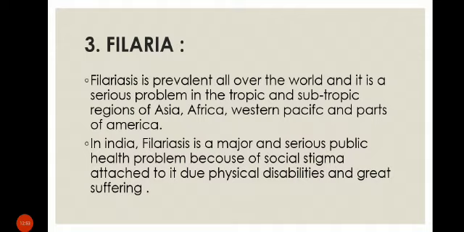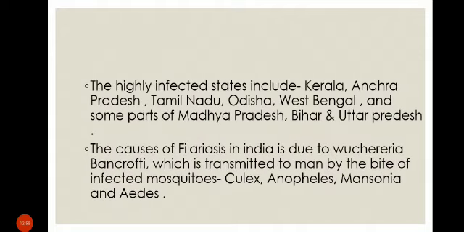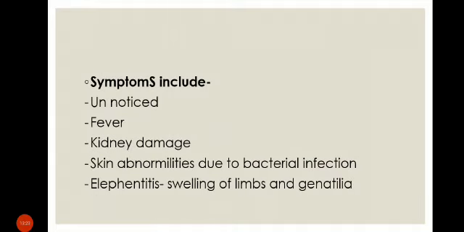The highly infected states include Kerala, Andhra Pradesh, Tamil Nadu, Orissa, West Bengal, and some parts of Madhya Pradesh, Bihar, and Uttar Pradesh. The cause of filariasis in India is Wuchereria bancrofti, which is transmitted to humans by the bite of infected mosquitoes: Culex, Anopheles, Mansonia, and Aedes.